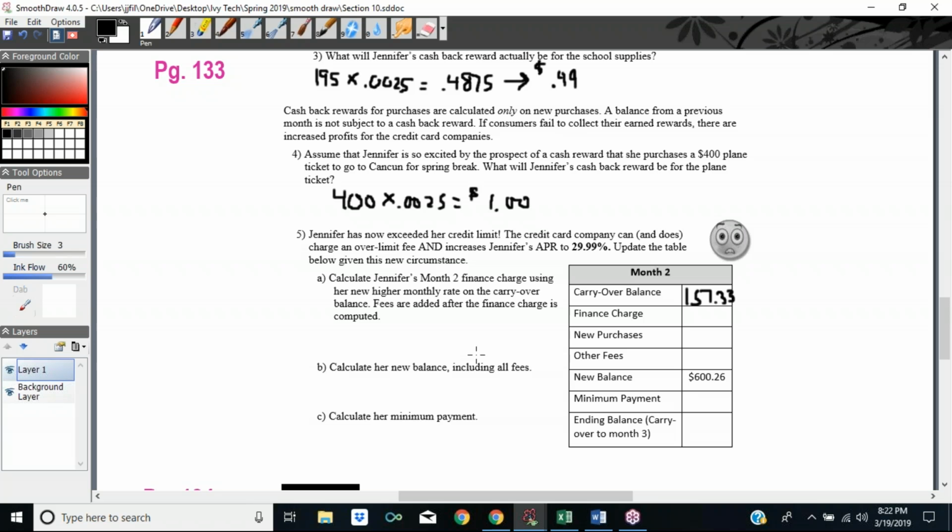Okay, so let's see. We have to calculate the interest on that. So we're doing 157.33 times that new APR, 0.2999, over 12. And we'll see what that finance charge is.